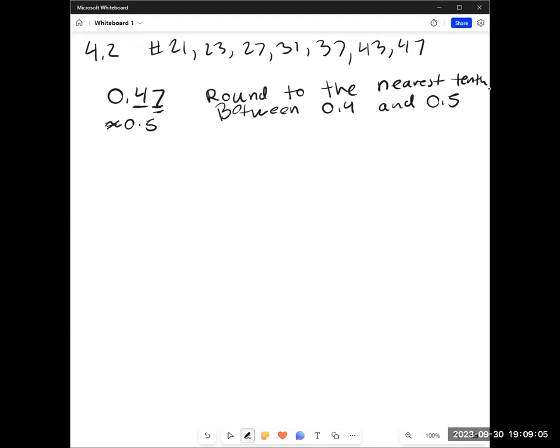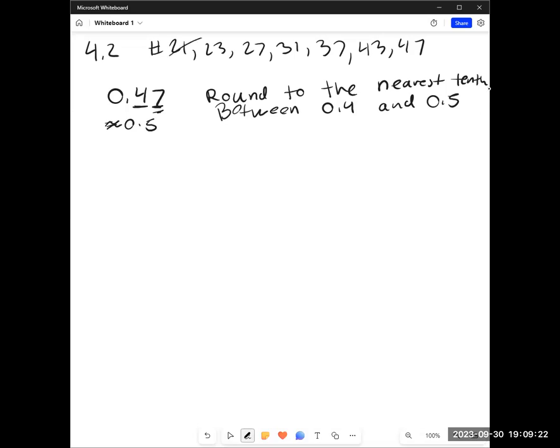That 47 is closer to 50 than it is to 40. That's how we're going to round it. We're going to keep it just to the place value that we rounded to, and we're not going to put any additional decimal places after it.